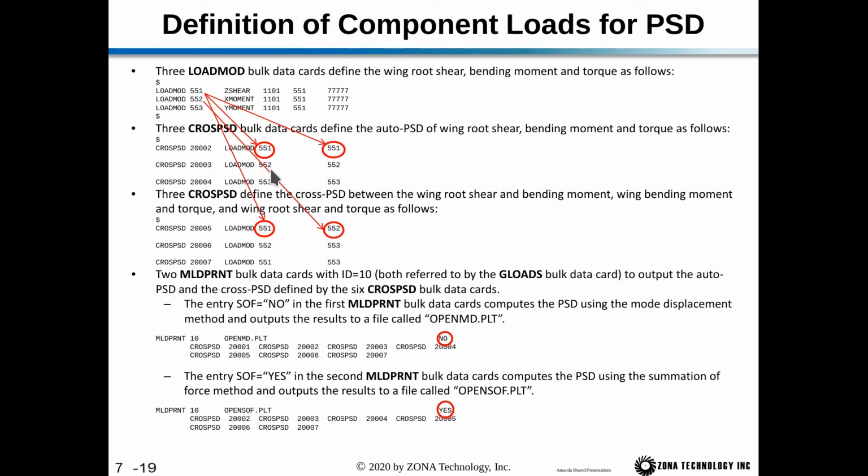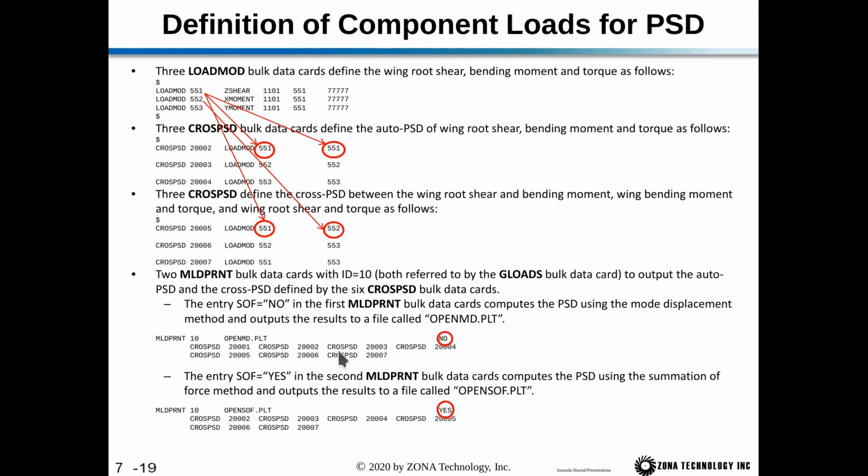This is the auto PSD for wing root bending, and then lastly we have the auto PSD for wing root torque. And then next we have 3 CROSPSD cards to define the CROSPSD between the wing root shear and wing root bending moment, the wing root bending moment and wing root torque, and wing root shear and wing root torque.